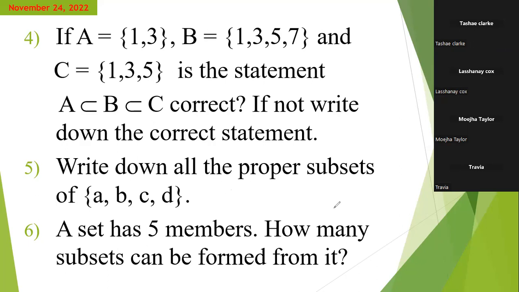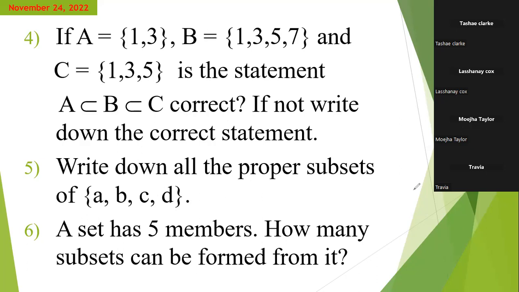Oh, you're not listening. All right, so we are saying that this question number 5 says you have to write down all the proper subsets. Now, I'm not asking you to write them down because you should know by now how to write them down. So I'm asking you, how many proper subsets would you be able to get from this set?